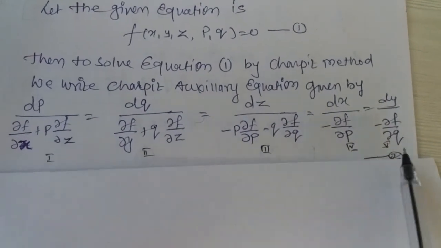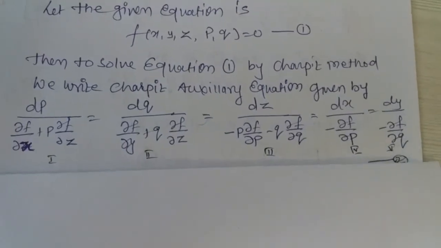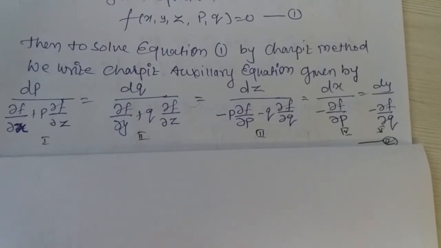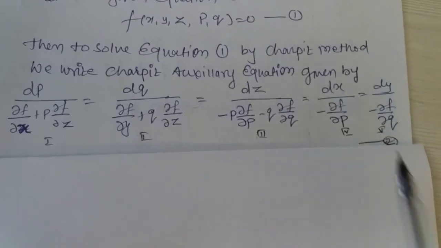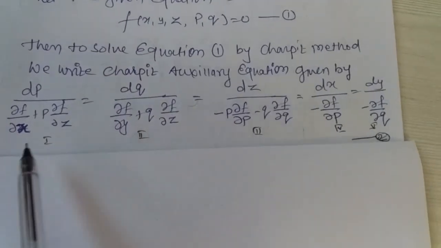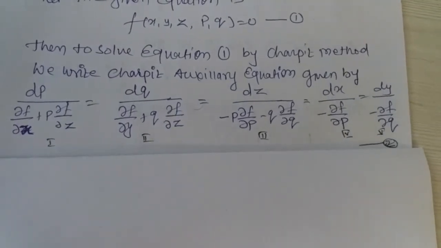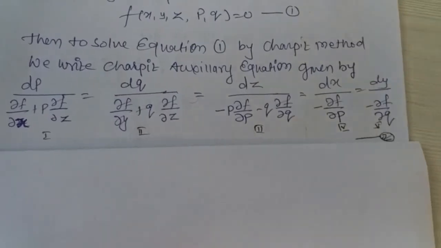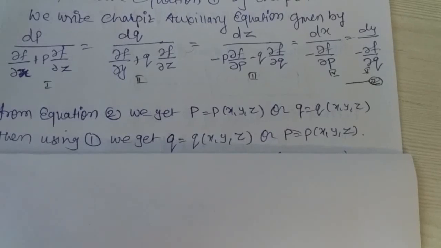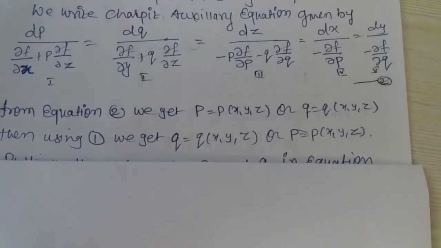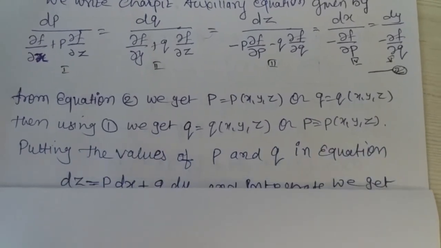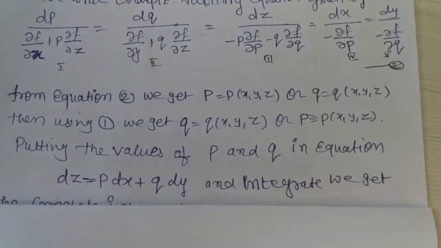Now from this equation, taking two parts and integrating, we have to obtain the values of p and q. From this Charpit auxiliary equation, we have to obtain the values of p and q, and then put the values of p and q in the relation dz = p dx + q dy.